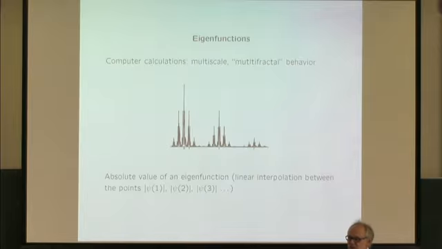It roughly recalls what we have seen in the case of exponential sums. And well, the physicists speak about multi-scale, multi-fractal behavior. And of course, there is a beautiful problem to explain this behavior.